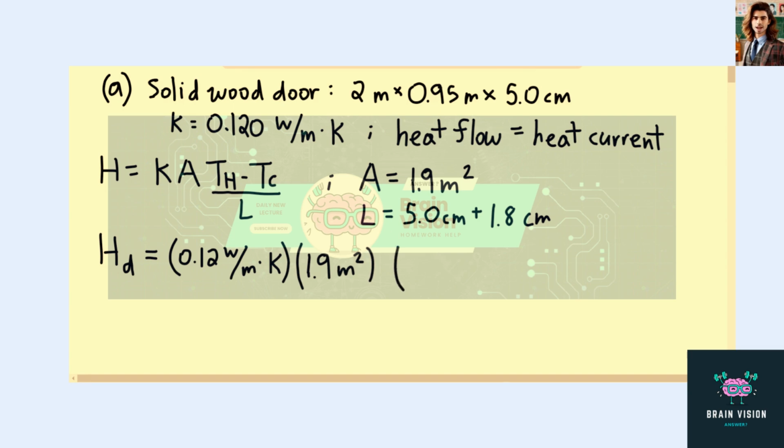And times the temperature difference. Again, we're doing a temperature difference, so you can use Celsius or Kelvin, but since our thermal conductivity is in Kelvin, we should use Kelvin. So that temperature difference is going to be 28, because we're doing 20 minus a negative 8. So 28 Kelvin, divided by our length in meters. Again, keep SI units, so 6.8 centimeters is 0.068 meters.